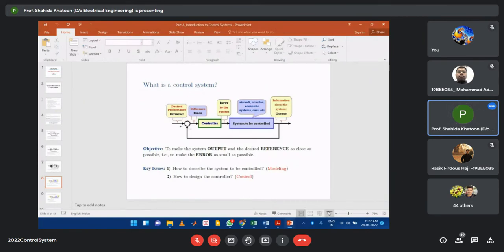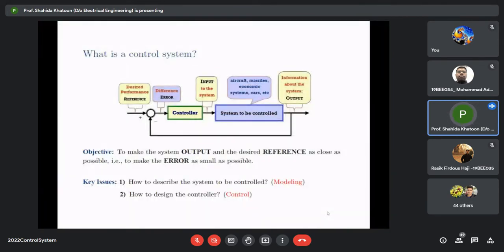So a control system is basically, the objective is to make the system output and the desired reference as close as possible. So this is the desired performance, which is also called the reference. It is fed to the system. It is the input to the system. And the output is the information about the system. These two quantities are compared.